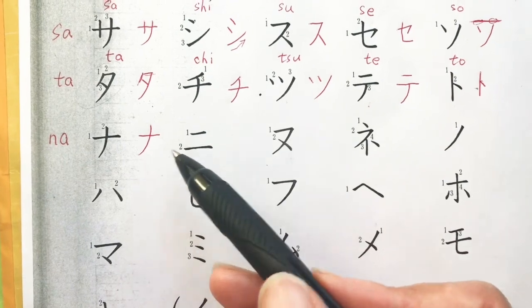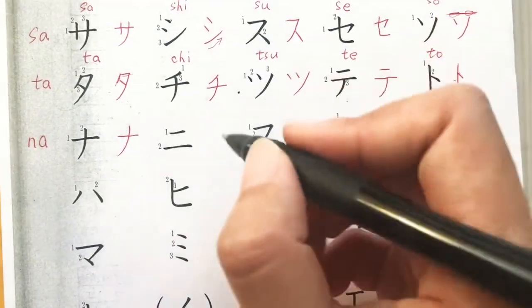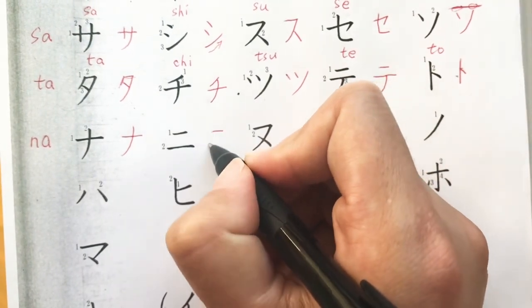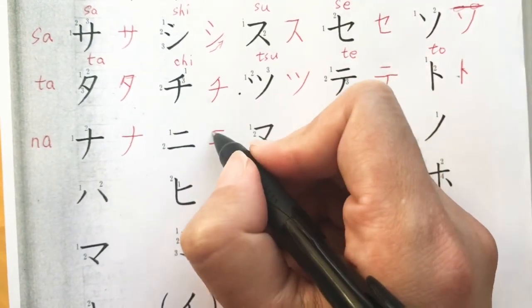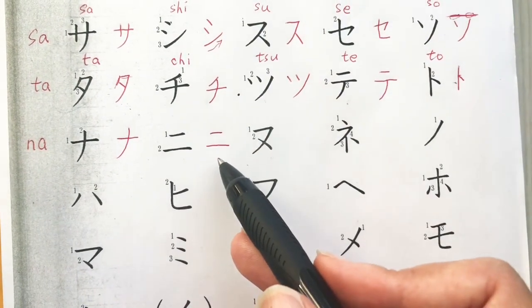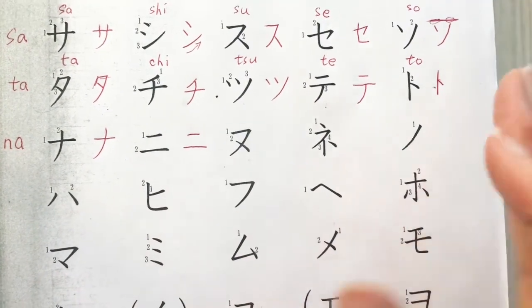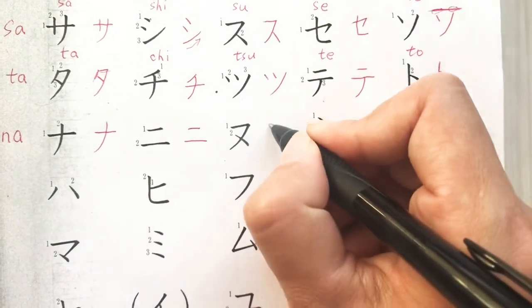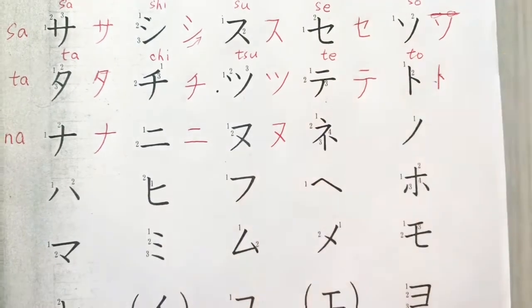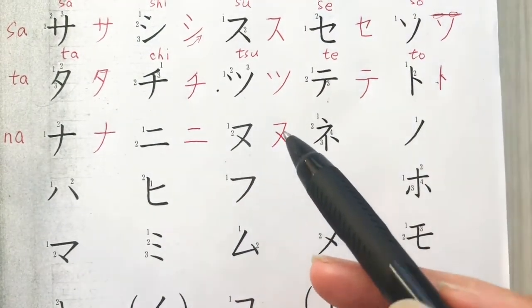Next one, ni. 2 lines, but the next one is longer than the first one. Ni. Third one, nu. 2 steps. 1, 2. Nu.